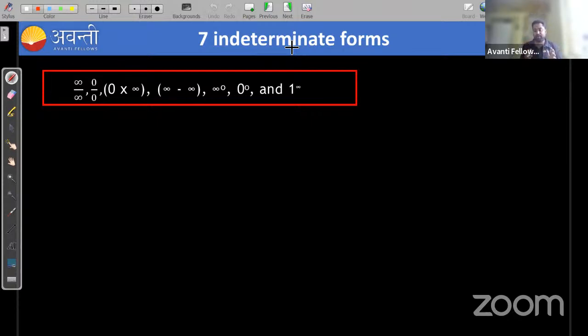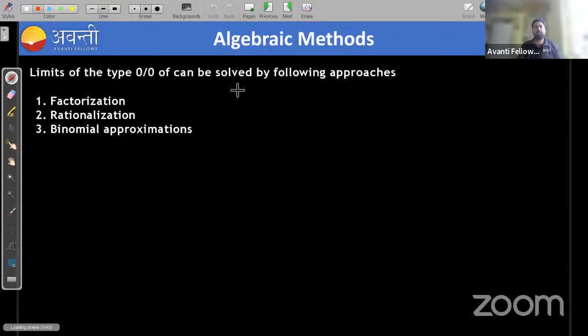Basically, we'll focus on previous year questions and solve some in this class. Okay, so let's start. All of you know 3 famous methods. First, how we can solve when the limit is in the form of 0 by 0.